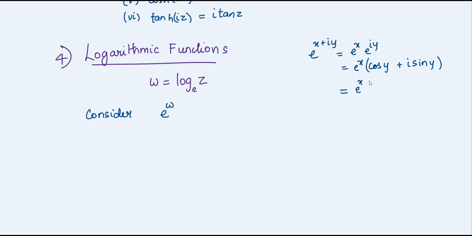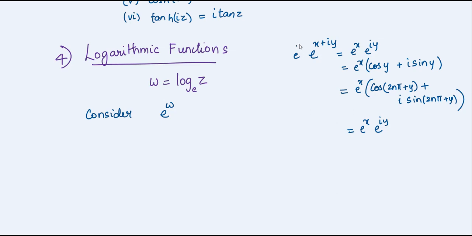Now, from basic trigonometry, cos of 2n pi plus y will be the same as cos y, and sine of 2n pi plus y will be sine y. It doesn't hold for odd multiples of pi. For even multiples of pi, this is valid. So we get e power x into e power iy.